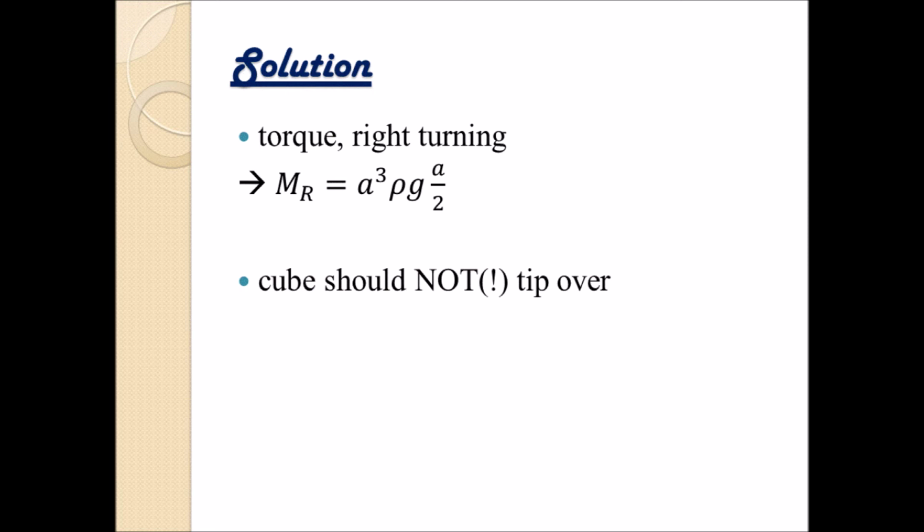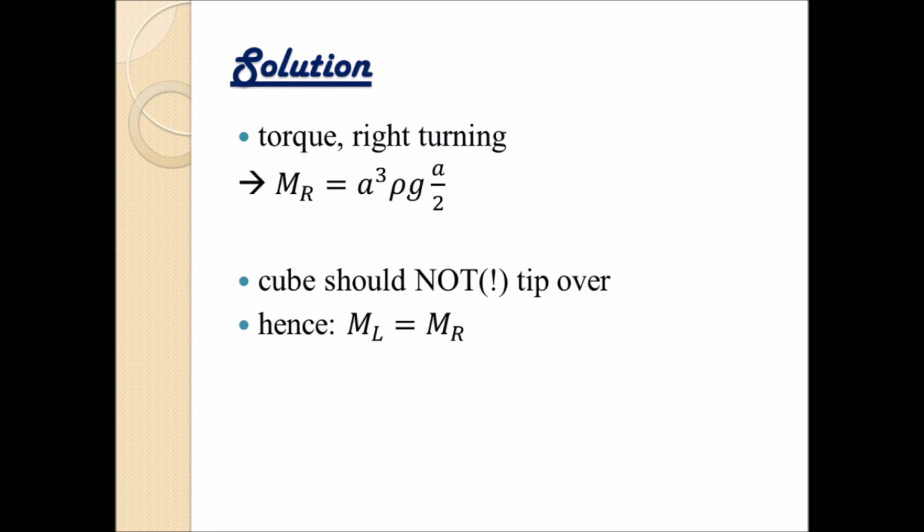But we know that our cube should not tip over. So basically it means that when we pull, the left turning torque has to be identical to the right turning torque.